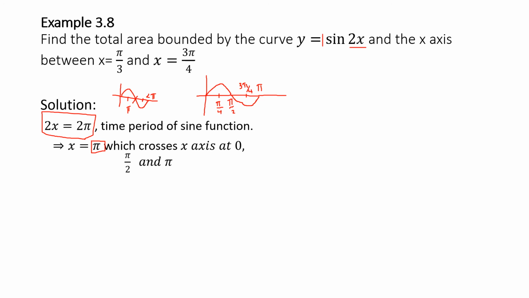The question is to calculate the total area from pi by 3 to 3 pi by 4. Where is my cursor? Okay.